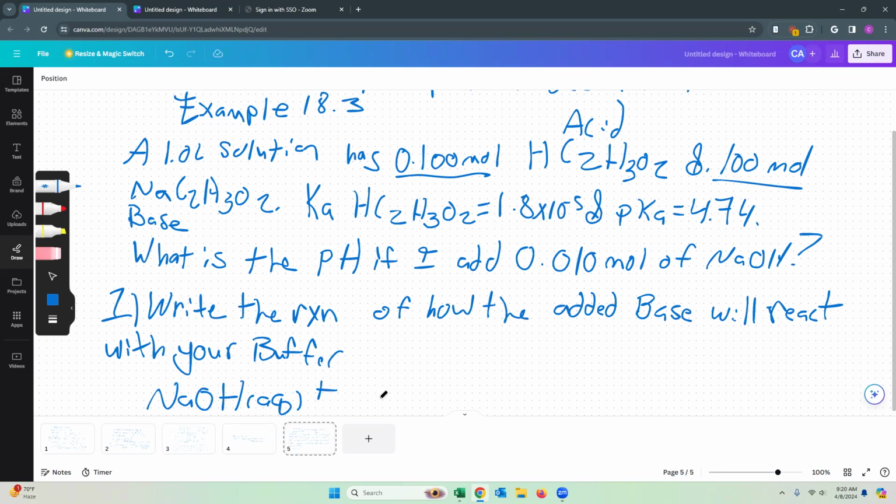That's how it's always going to go. If you add a base, it interacts with your acid. If you add an acid, it interacts with your base.